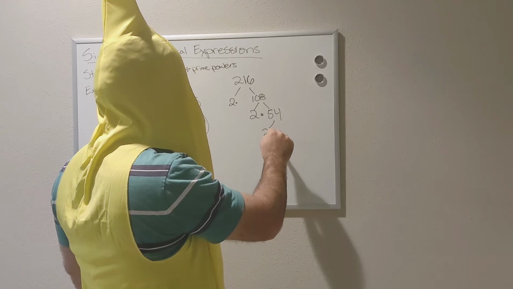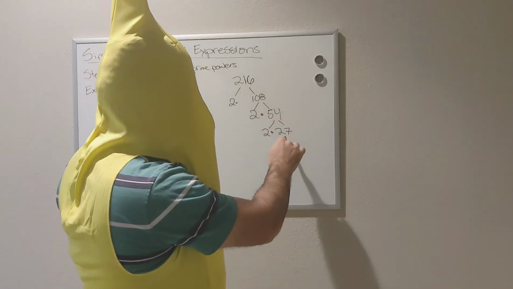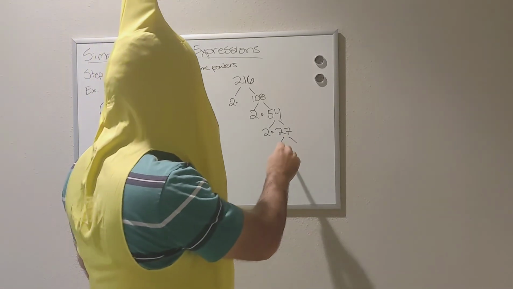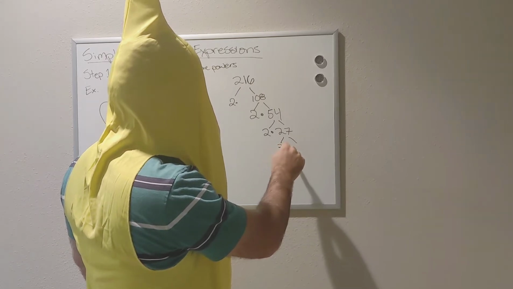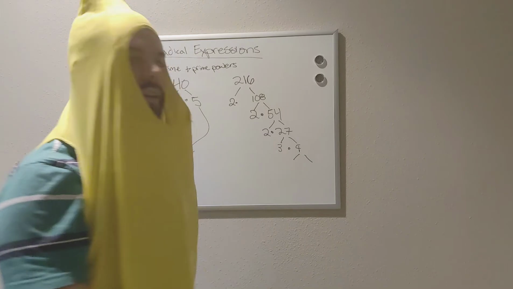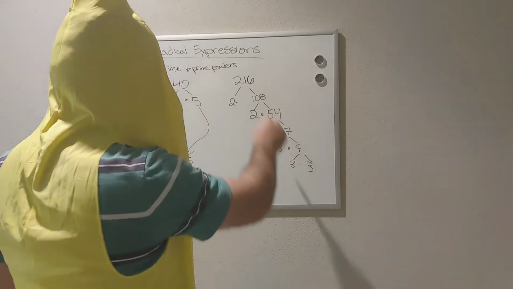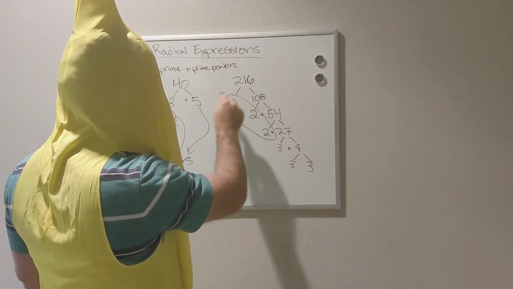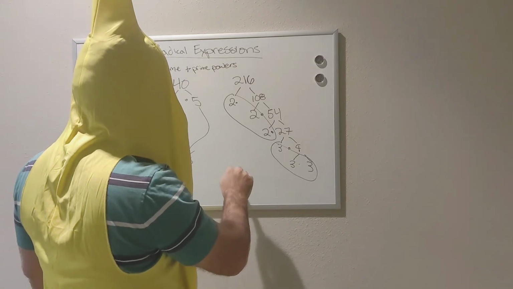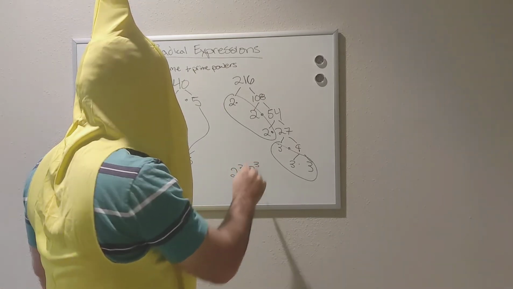This is going to be 2 times 27. 27, for those of you who might know, is going to be 3 cubed. But we'll start by factoring this as 3 times 9, just to simplify things. And we notice that 9 is, of course, 3 times 3. So let's group our like factors together. Here we see we've got 3 2s and 3 3s. This number factors as 2 cubed times 3 cubed.